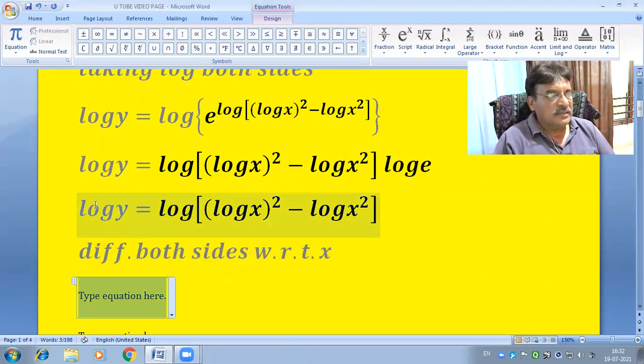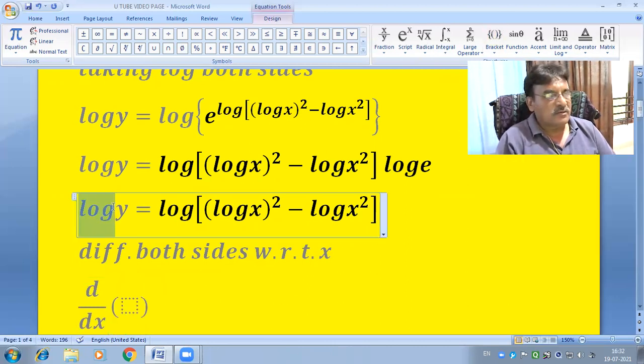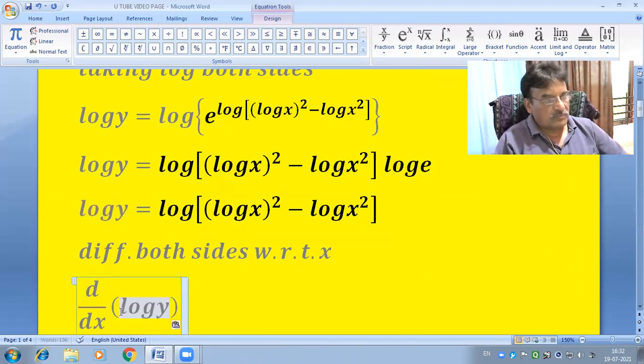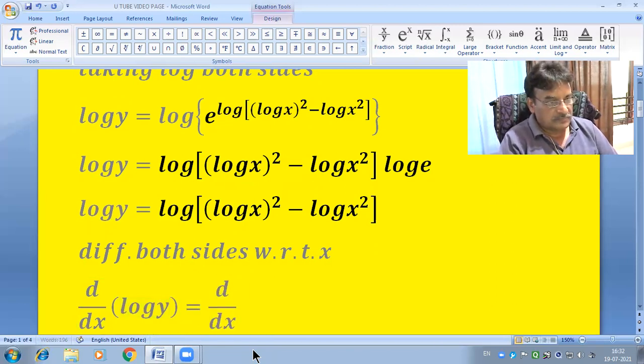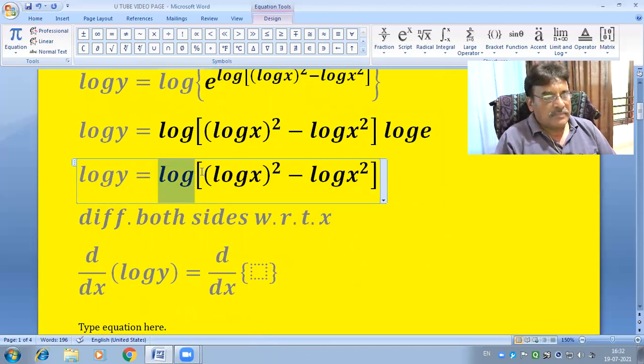Therefore here d/dx of log y. So right here d/dx of log y is equal to d/dx of log in bracket (log x)² minus log x².